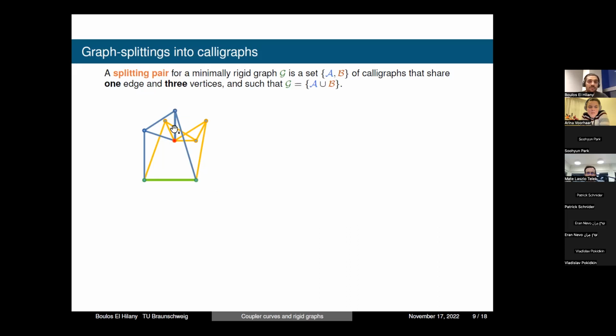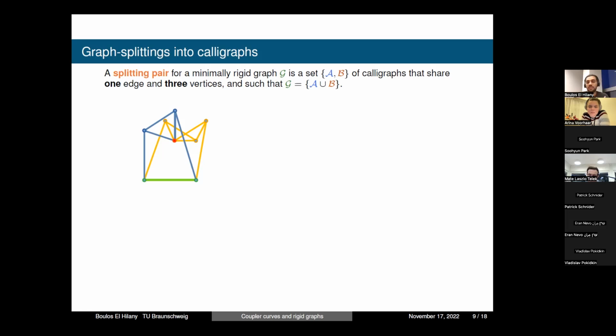If I have in blue a Calligraph together with the green edge, and I intersect it with the other one, the orange one with the green edge, then I get only one edge and one vertex, such that the vertex does not belong to the edge. If a minimal rigid graph has such a union with this special intersection, then we call it a splitting pair.